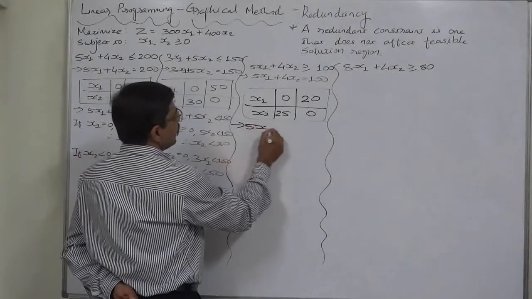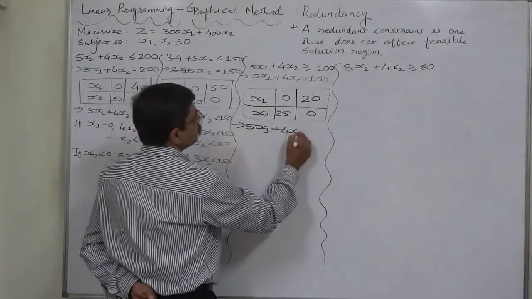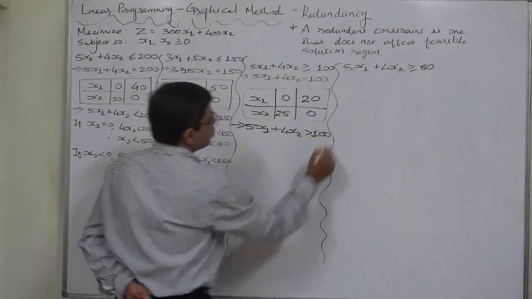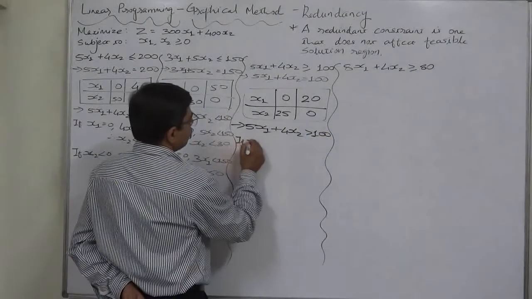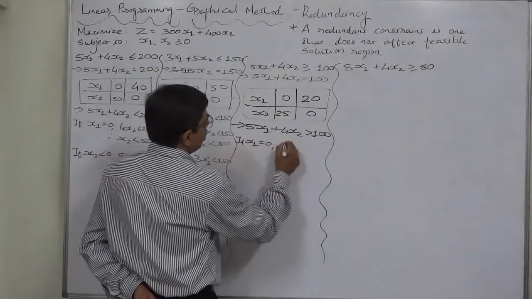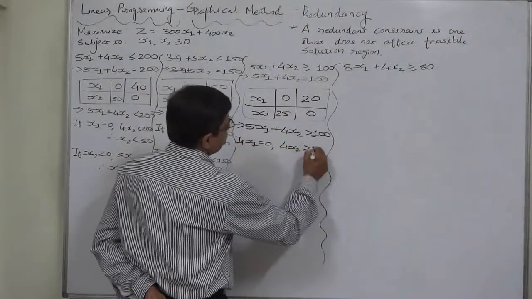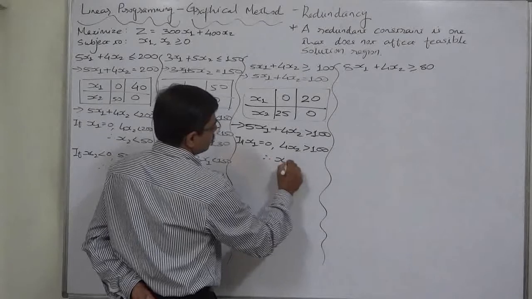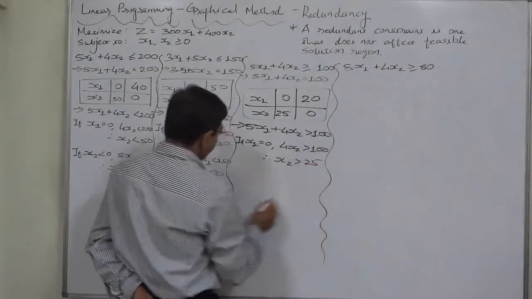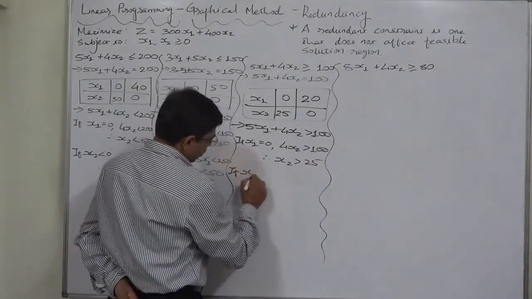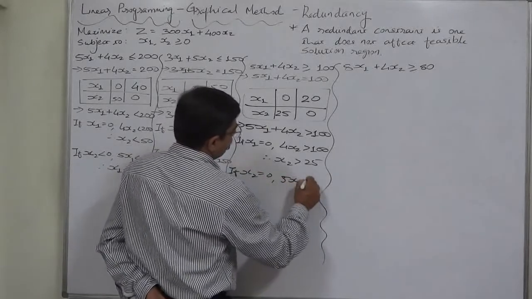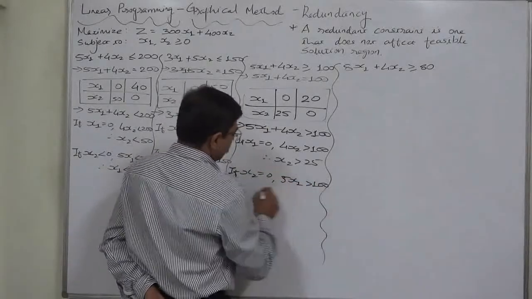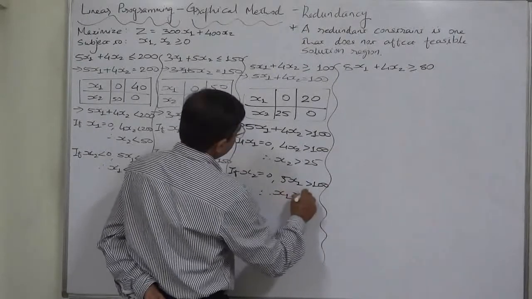Inequality will be 5x1 plus 4x2 greater than 100. If x1 takes value 0, then 4x2 greater than 100 will be there, and hence x2 greater than 25. If x2 takes value 0, then 5x1 will be greater than 100. That means x1 greater than 20.